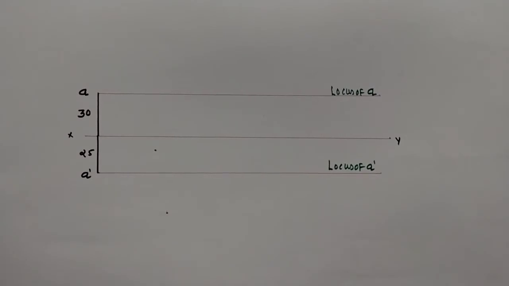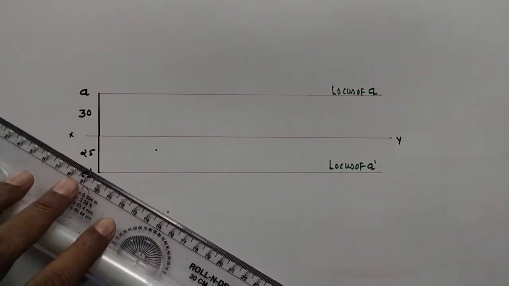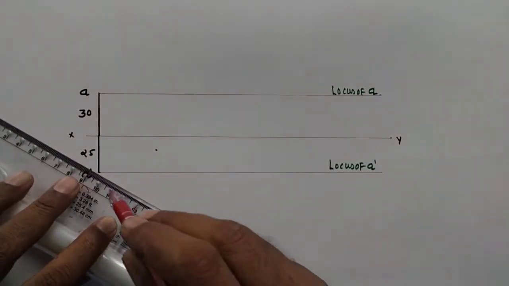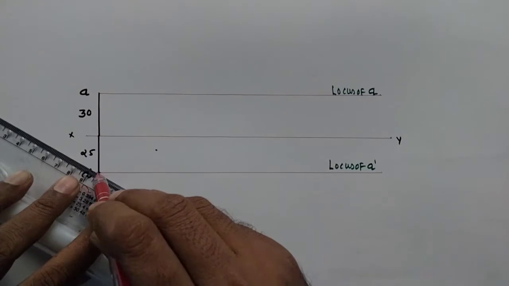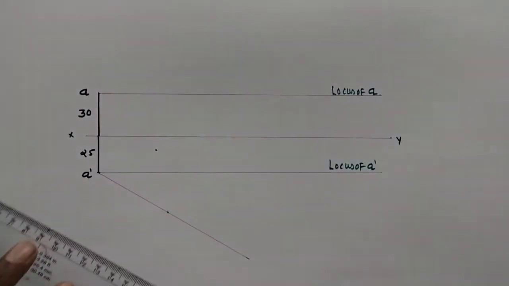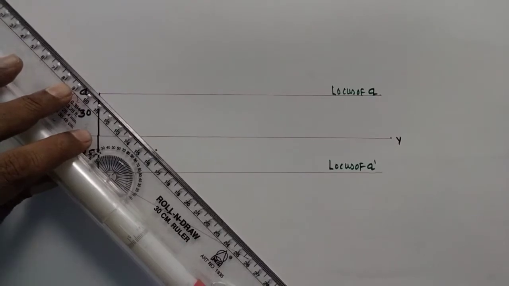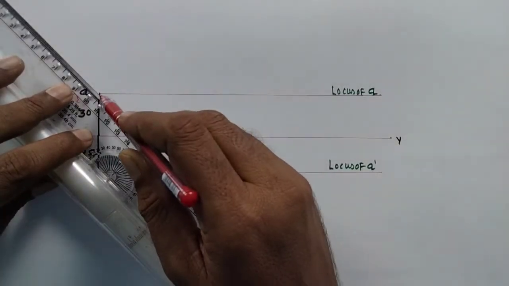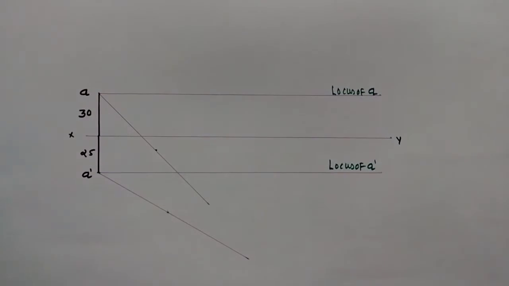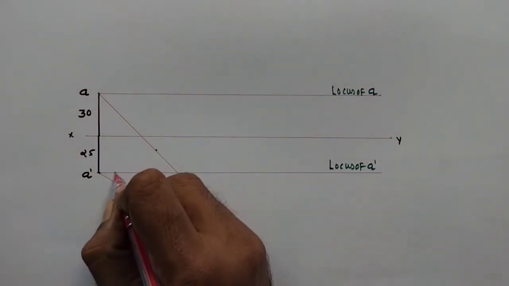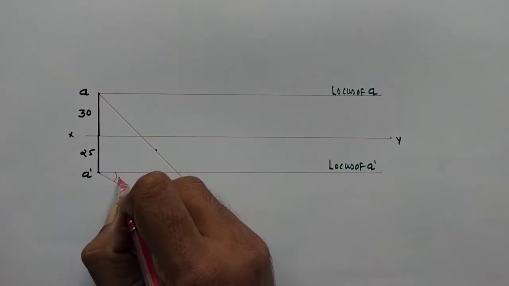So first we draw the inclination line from A dash, 30° in the downward direction. Similarly, you can draw the 45° inclination line with VP.